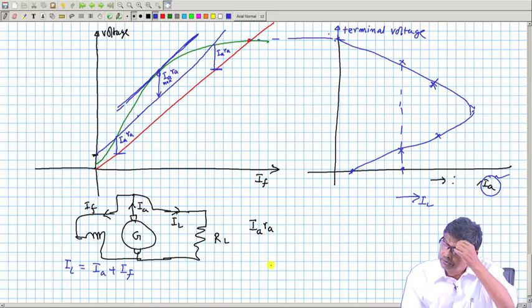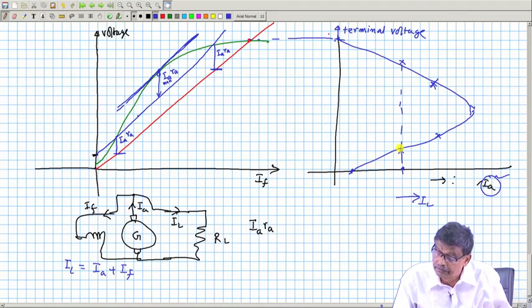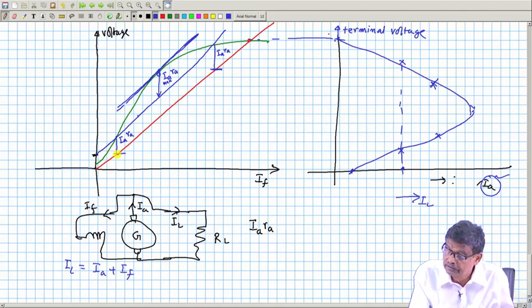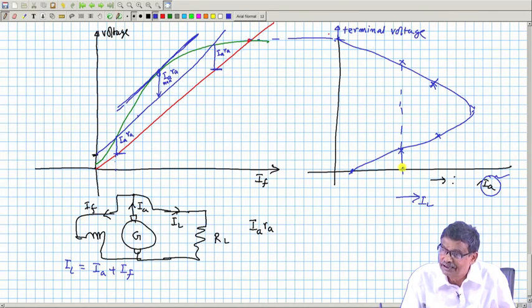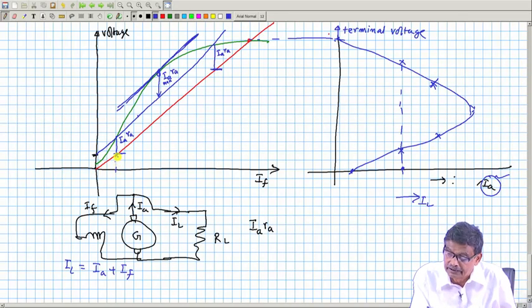Therefore, what I will do for a given armature current, I got two values, is it not, this value, and for this value I know what the field current is, is it not, for this value what the field current is I know from this curve, because the terminal voltage is this amount. Therefore, how much is the field current?